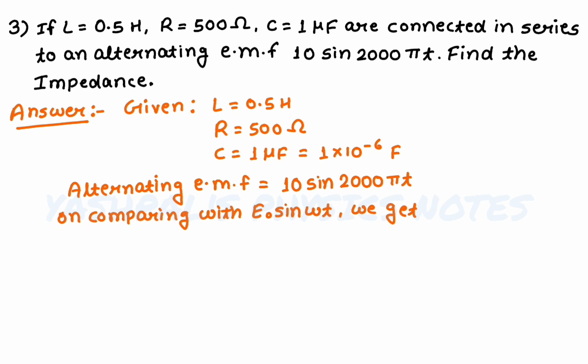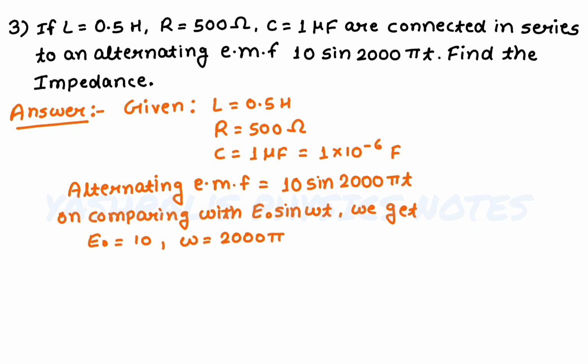Okay, so on comparison we get the value of omega. Here E naught is equal to 10, also omega is equal to 2000 pi. Remember that it is 2000 pi, not only 2000, because the standard formula is E naught sine omega into t, and we are given sine 2000 pi t. So the value of omega is 2000 pi.